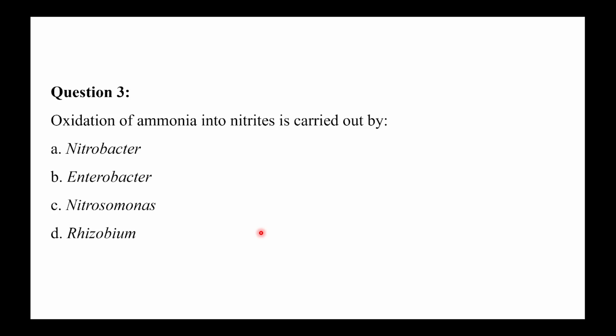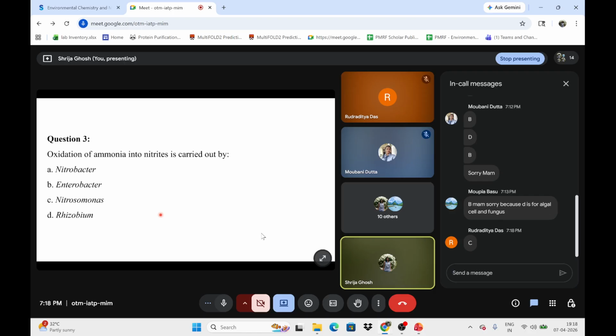Which of the following helps in the oxidation of ammonia into nitrates? Nitrobacter, enterobacter, nitrosomonas, rhizobium. I have only one answer in the chat box. What about others? Don't remember? We have already discussed this. This everybody should be able to answer.